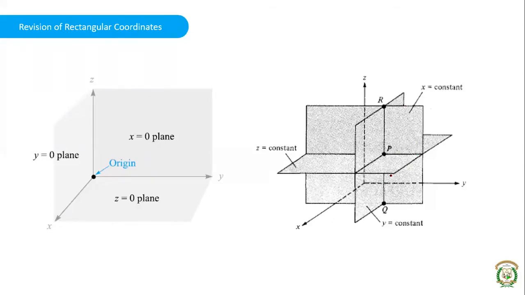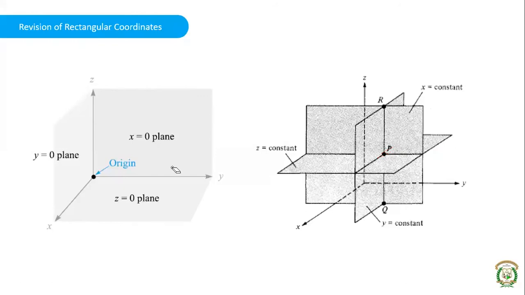And the one which is horizontal is the z equal to constant plane, where the value of the z coordinate is constant, only x and y will vary. This particular point P is some units ahead of the screen, some units to the right of the origin, and some units to the top of the origin. That defines the x, y, and z coordinates of the point P.